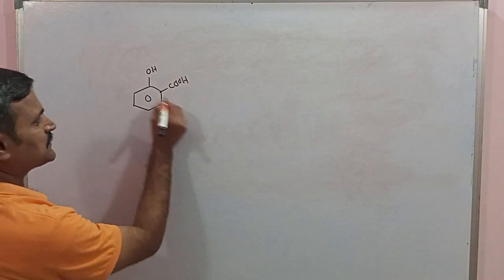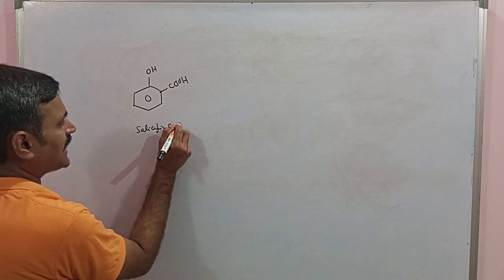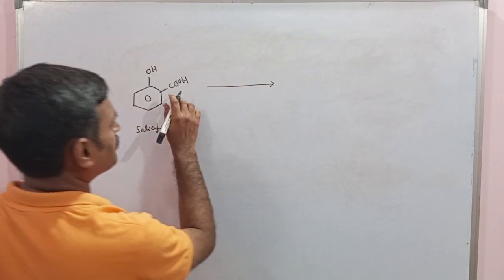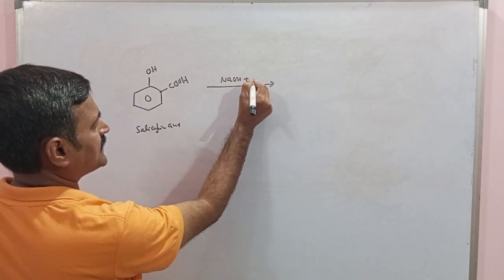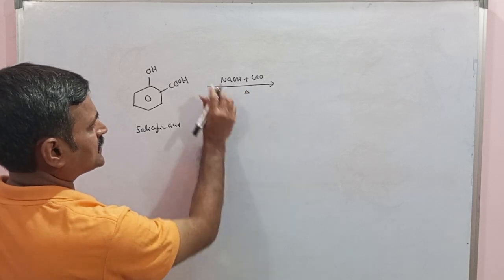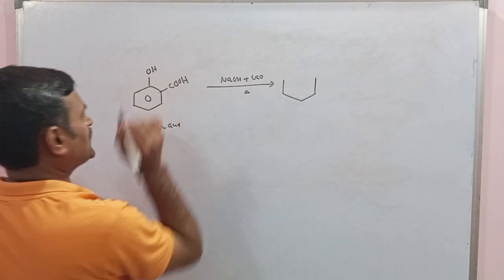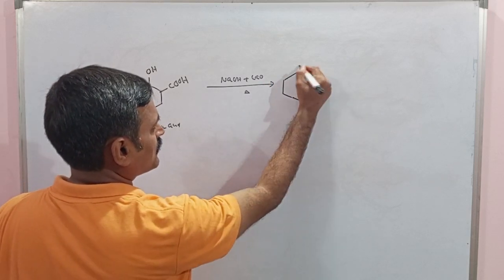See, dear student, this is ortho-hydroxybenzoic acid, which we can call salicylic acid. It has a carboxylic acid group. This is completely affected when we take sodium hydroxide along with CaO and heat, that is soda lime. Then the OH remains on the benzene ring and the COOH is completely removed.